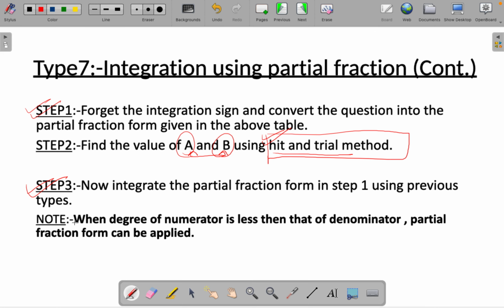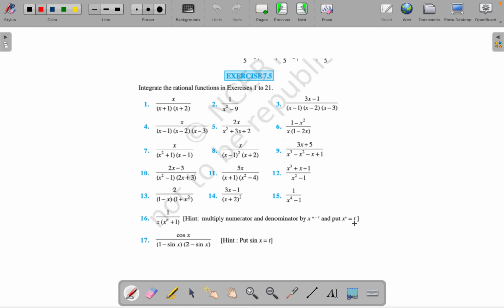Now, again, a very important note. Once again, partial fraction can only be applied if the degree of the numerator is less than, please forget the spelling, it is THAN, less than that of the denominator. Okay, so this is where you will apply partial fraction.